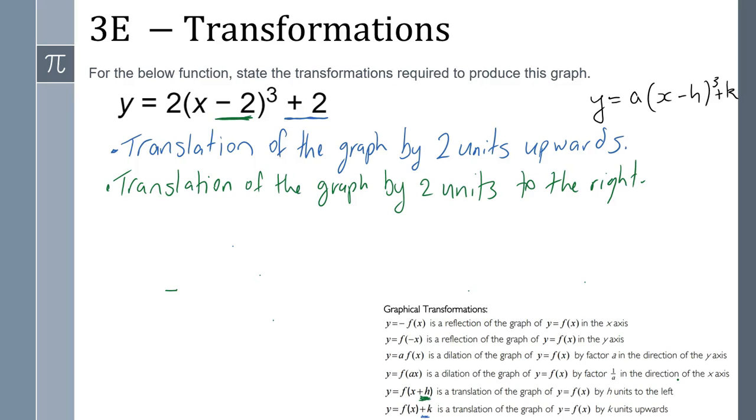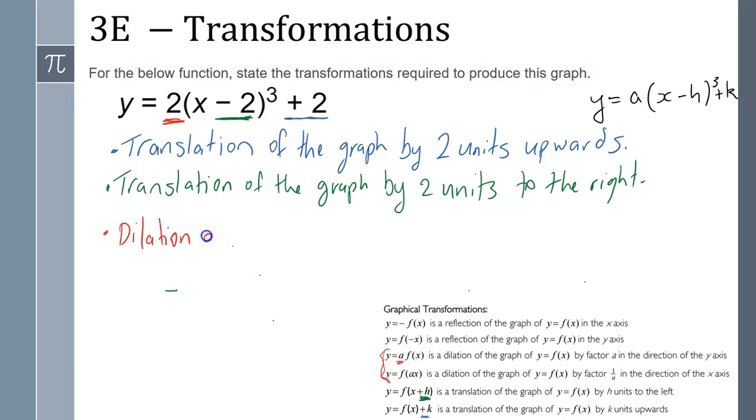Okay, and we've got one number left there, I'll do that in red. We've got the 2 at the front, which is a. So we're going to look down here, and we've got 2 here that it could be. Okay, and it's that one there, it's out the front of the x. So we are going dilation of the graph.